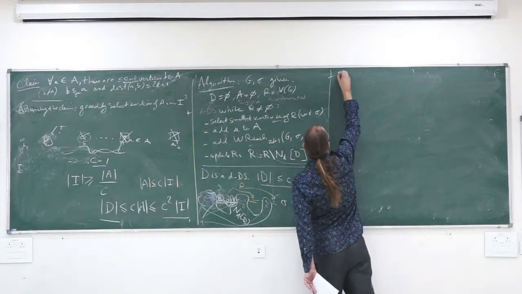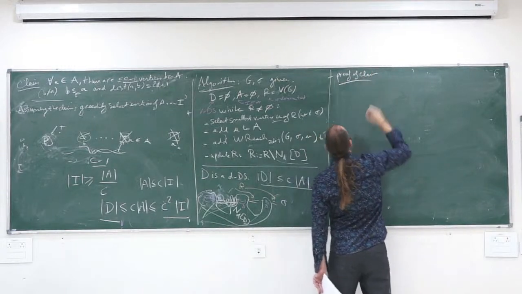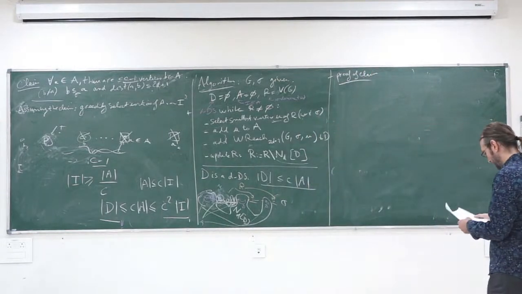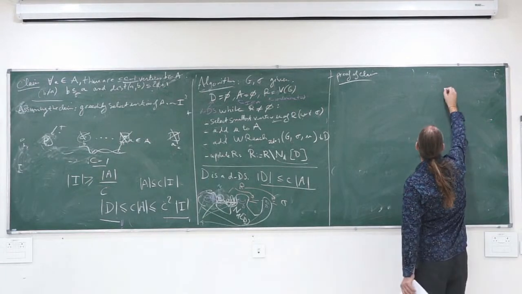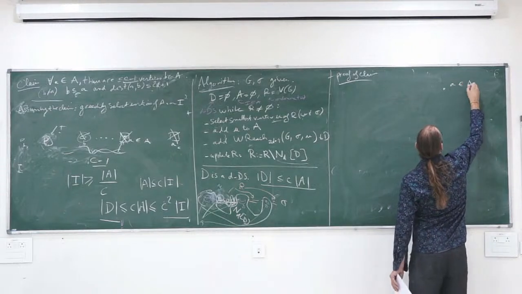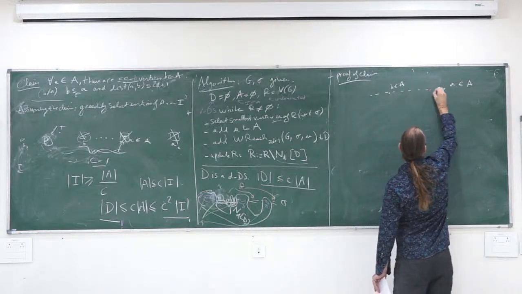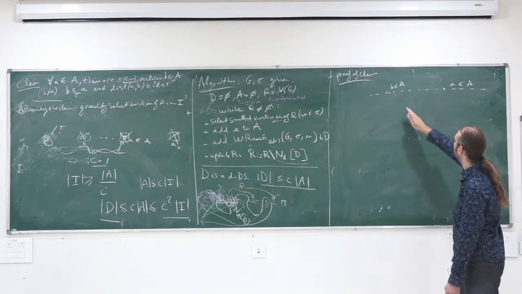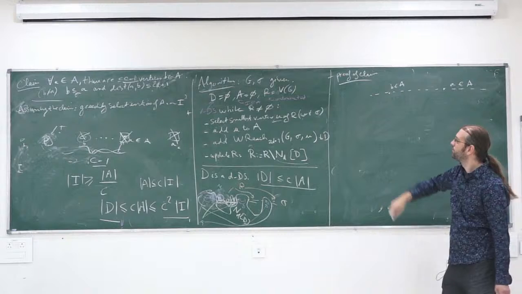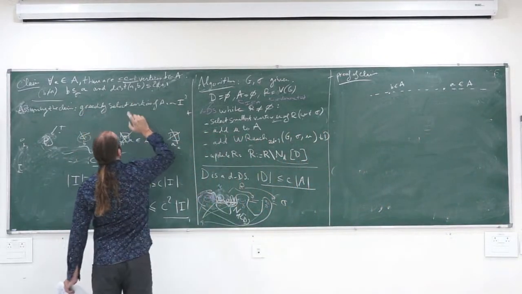Proof of claim. So you look at your A, and let's look at the B that you have selected before. Let's assume that the distance between them is small, because I want to say that there are not so many B's which have this property.